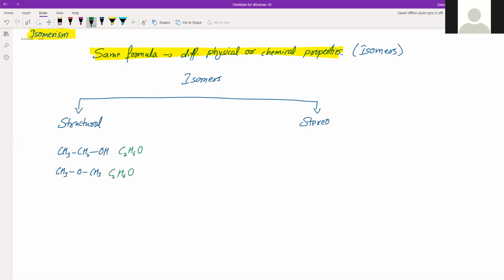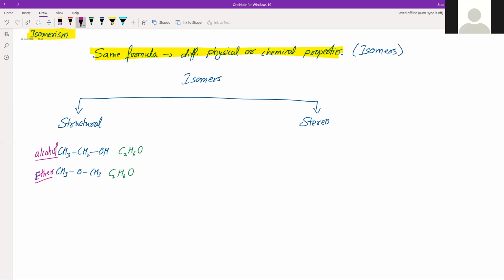So the molecular formula is the same, but it is clear that the first one is an alcohol and the second one is an ether. From the name itself, it is clear that their chemical properties as well as physical properties will be different.